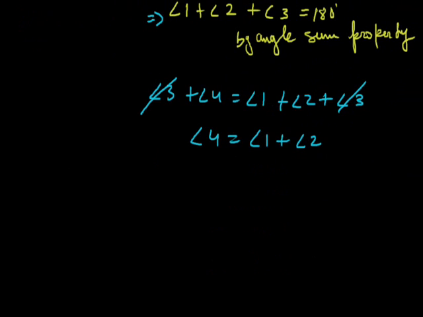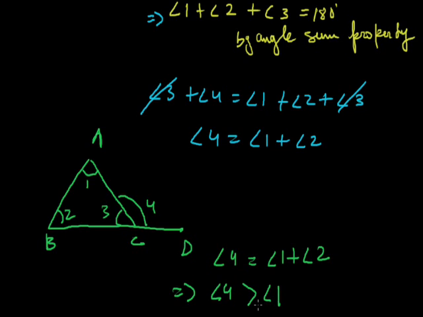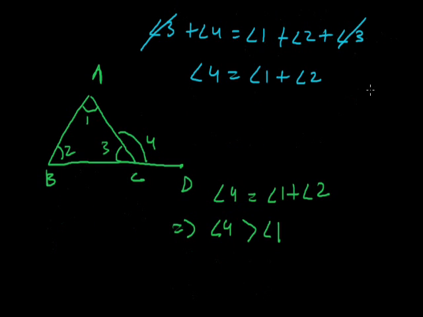On the basis of this property, we have some conclusions. Let us number the angles 1, 2, 3 and 4. Since we know that angle 4 is equal to angle 1 plus angle 2, we can conclude that angle 4 will be greater than angle 1, since when we add angle 2 to angle 1, it becomes equal to angle 4.